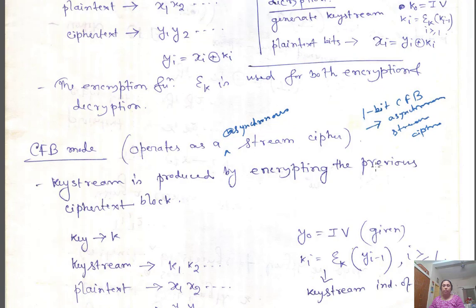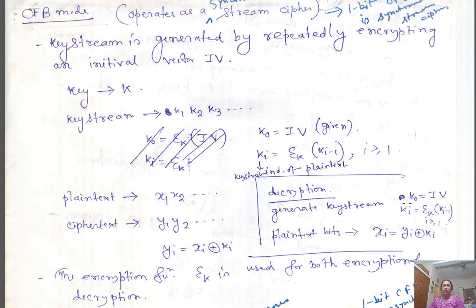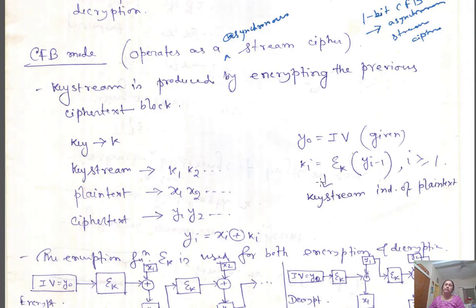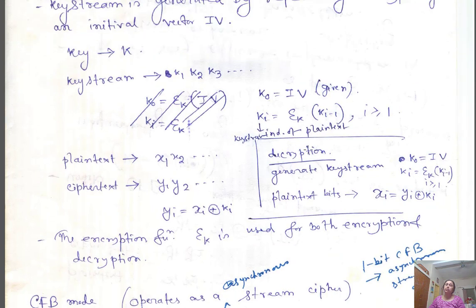So this is EK of K(i minus 1), that is your Ki, and here EK of Y(i minus 1), that is your Ki. The initial vector is taken to be Y0 here, and there the initial vector is taken to be K0.